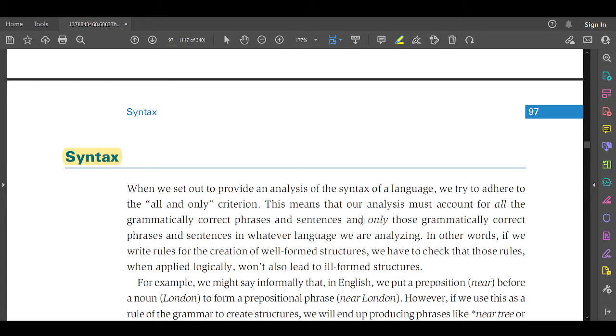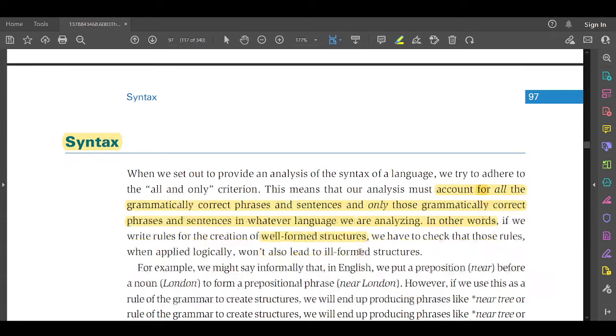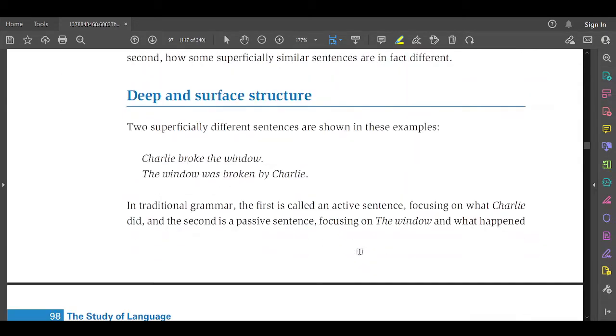So the focus is on accounting for all grammatical phrases, meaning the sentences which are correct. There are no issues. So the rules are for well-formed structures in a language or a sentence.